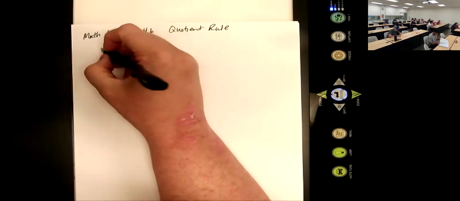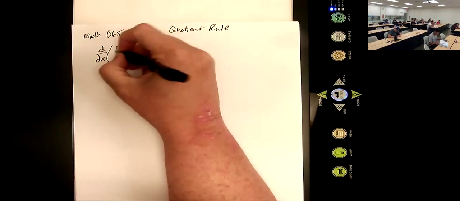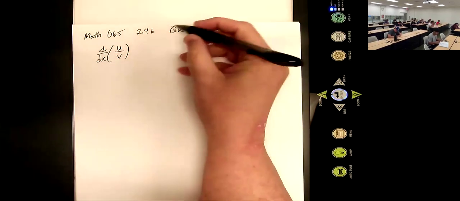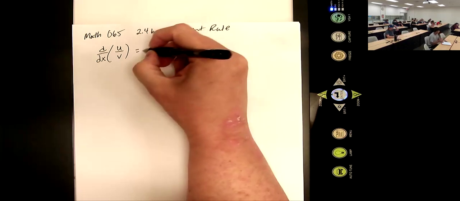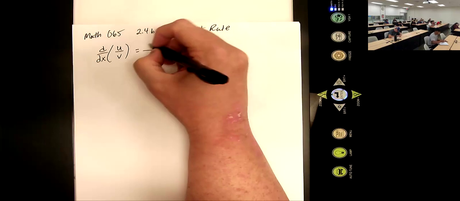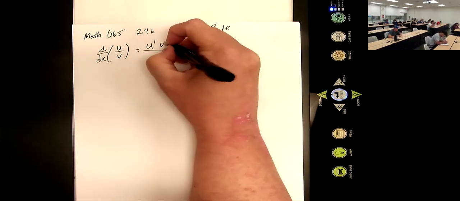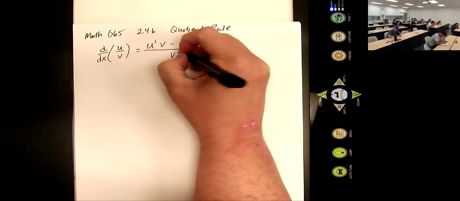So if we want to take the derivative of a function u over v, you have u prime v minus uv prime all over v squared.